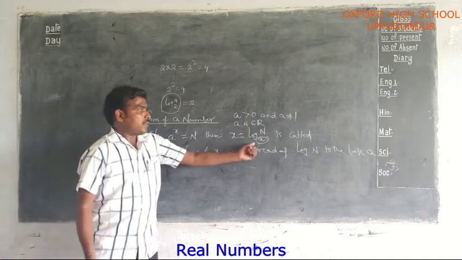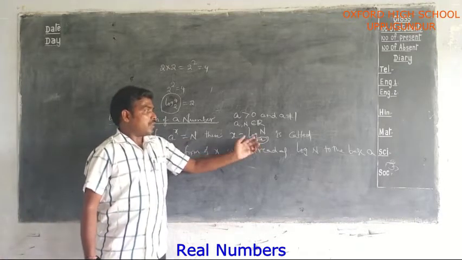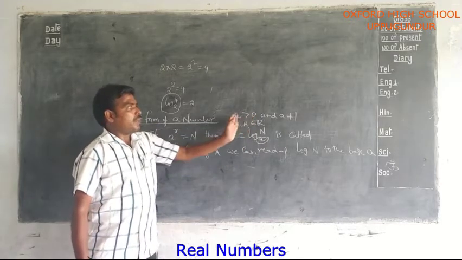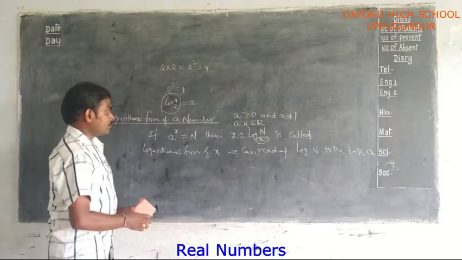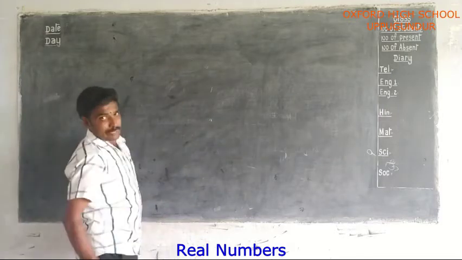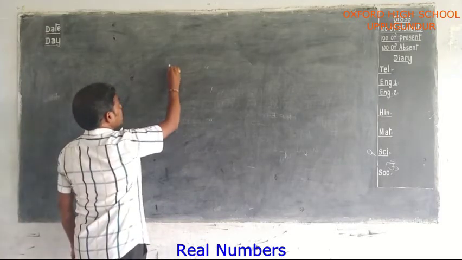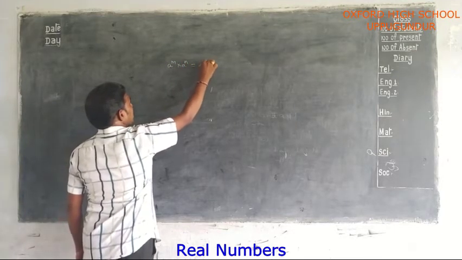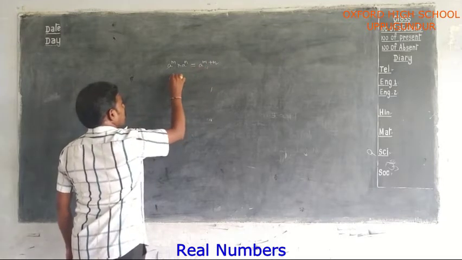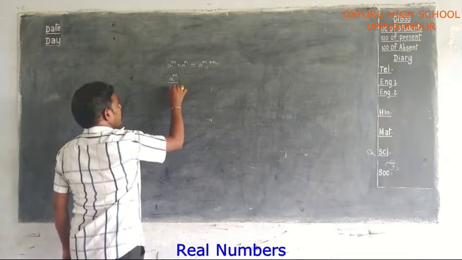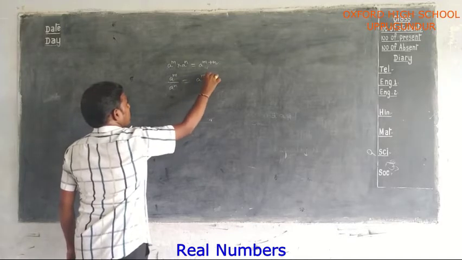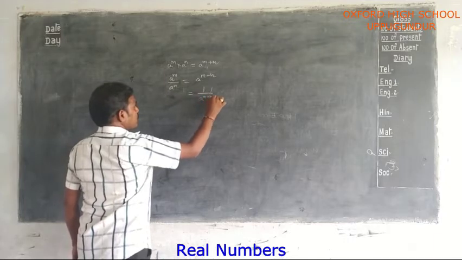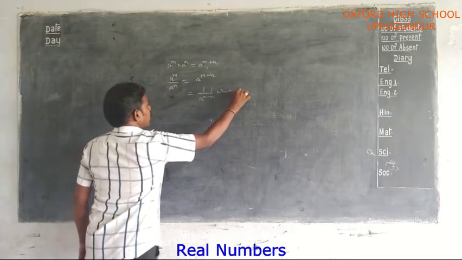If we take 1 or less than 1, the logarithmic function is not defined. So it is defined only for positive values and a not equal to 1. In exponents you already know some laws of exponents. A power m into a power n equal to a power m plus n. A power m by a power n equal to a power m minus n, which is equal to 1 by a power n minus m, where n greater than m.